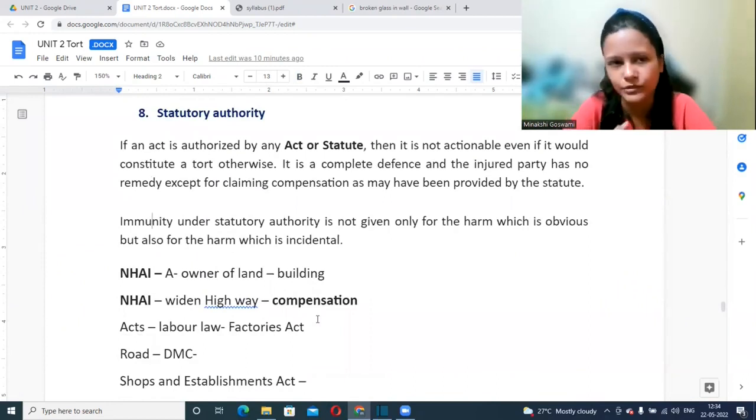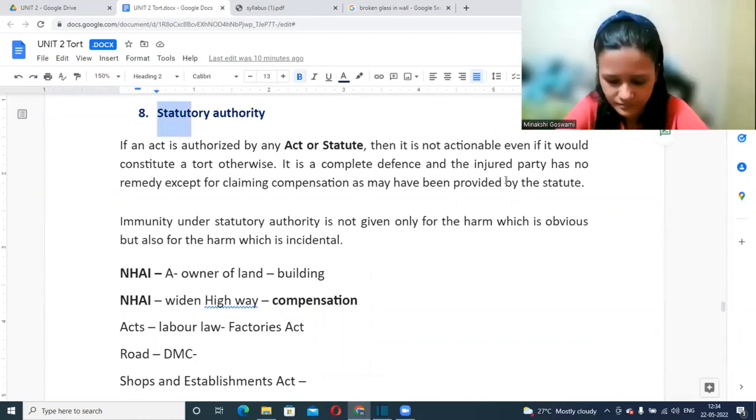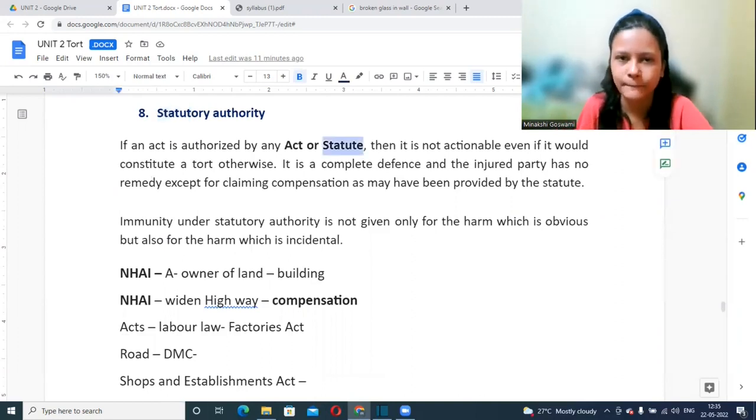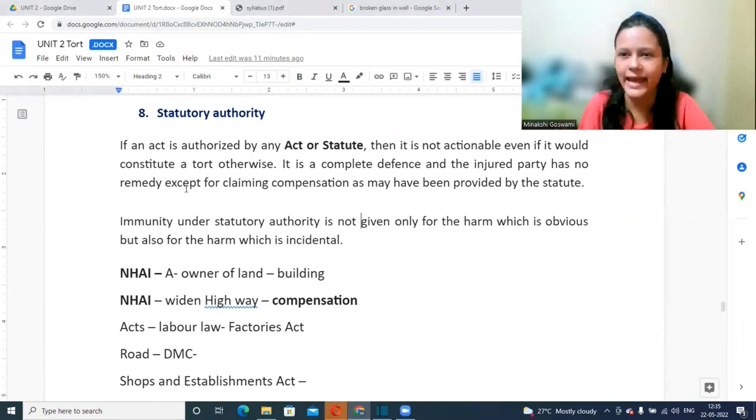Another one we have is statutory authority. So what is a statute? Statute is a legislation. As I mentioned, in between a sentence, if you are getting act with A in small letter, that means action.